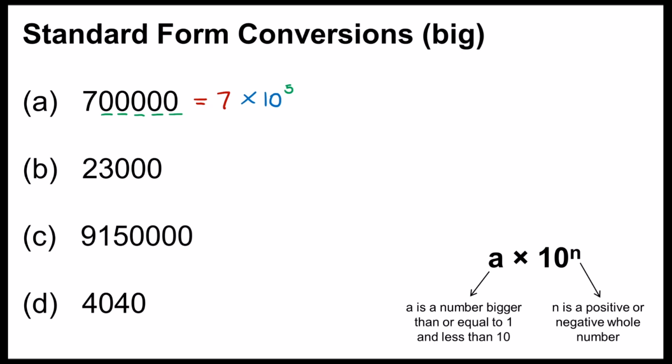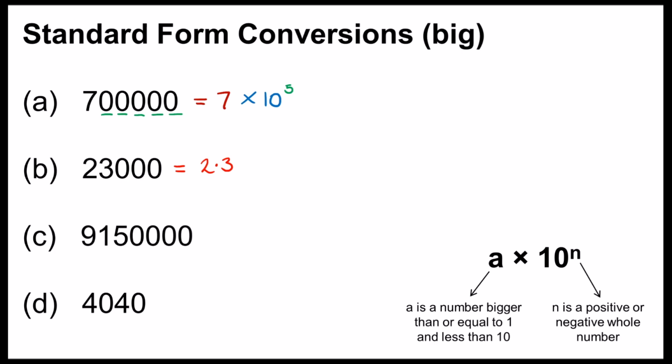In my second example, I'm asked to convert 23,000 from an ordinary number into standard form. Again, I'm going to start off with the key digits, which in this example are the numbers 2 and 3. Because I need the number at the front to be bigger than or equal to 1 but less than 10, I'm going to place a decimal point between the 2 and the 3, so we get 2.3.